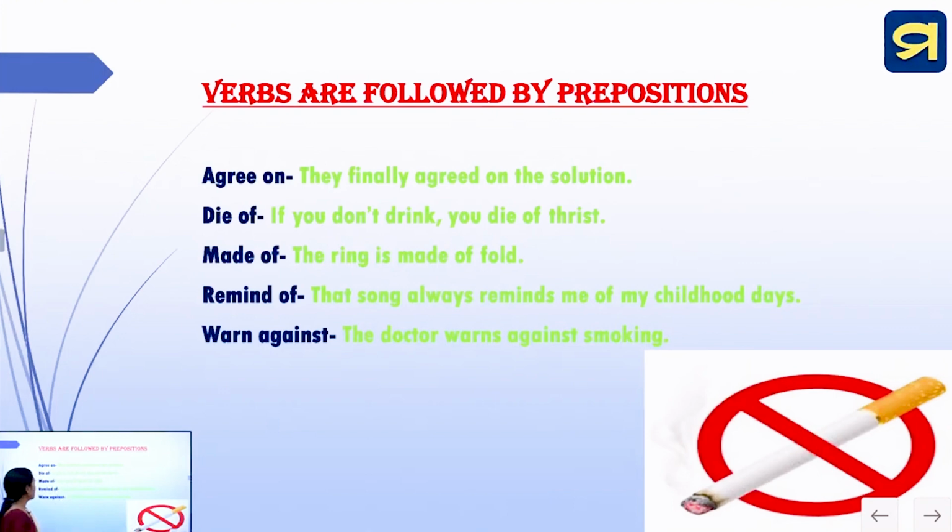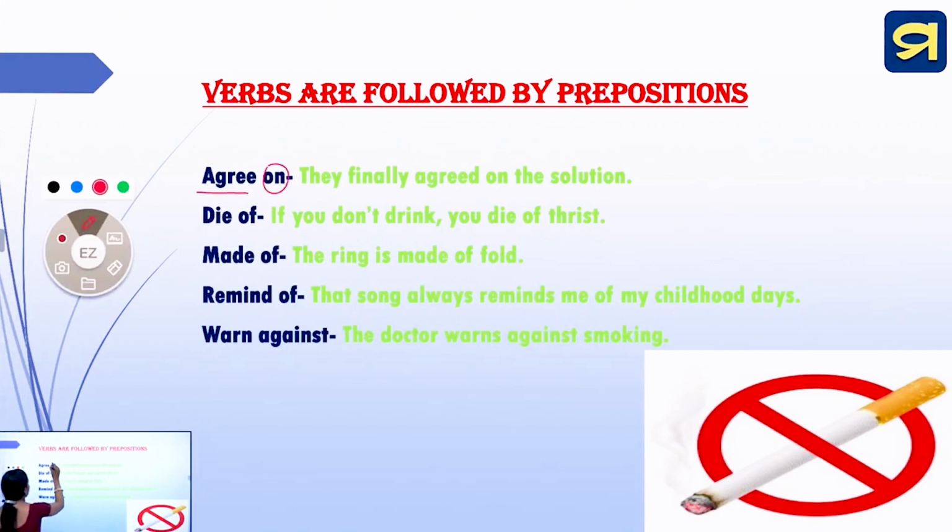Just look at the examples. First one is agree on. This is your verb and this is your preposition. Or we can say verb plus preposition. Verbs followed by preposition. Agree on.